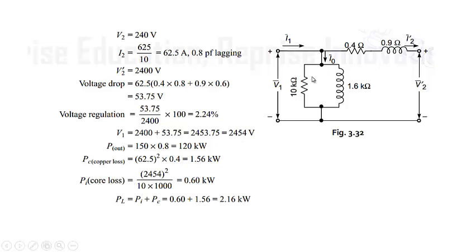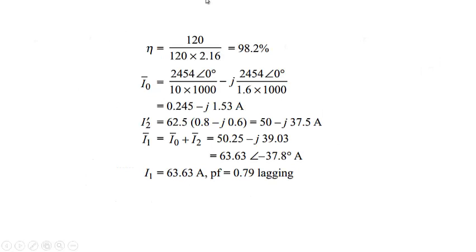Core loss will be the loss that occurs in this resistance, that is voltage square divided by this resistance, 2454 square divided by 10 kilo ohm, that is 0.6 kilowatt. So total loss will be equal to 2.16 kilowatt. So efficiency will be equal to 120 divided by 120 plus 2.16, that is 98.2%.